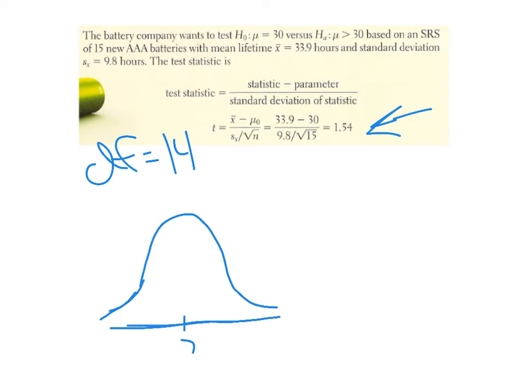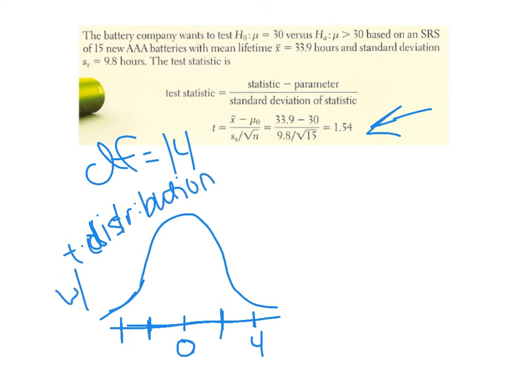We've got 0, and this time this would be labeled as a T distribution with degrees of freedom equals 14. You need to be sure to specify that.